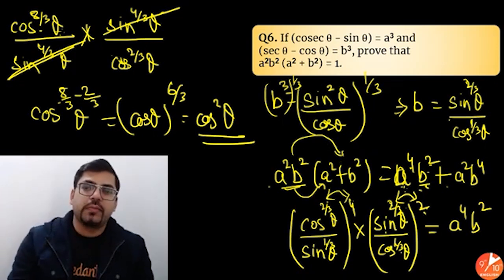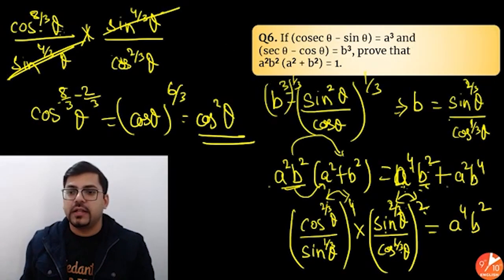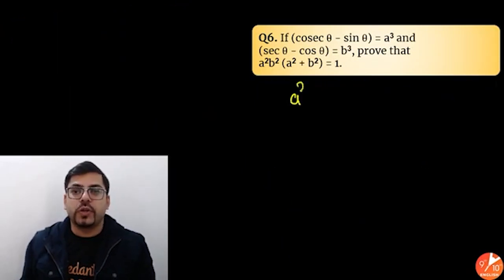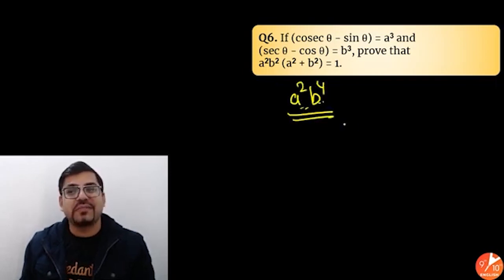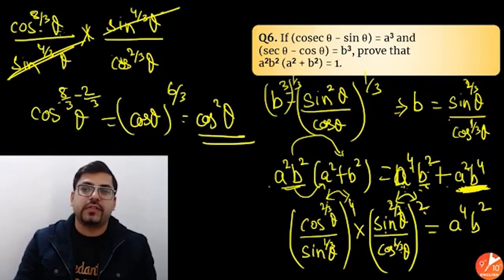I'm sure you would be able to understand what is going to give us the next term, that is a square b4. What is going to give this one? If you solve it, I'm not doing the entire thing because I know that you have understood it. For a square b4, you have to just put the values of a. So the value of a is cos 2 by 3 upon sine 1 by 3.